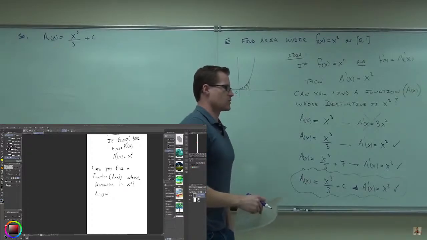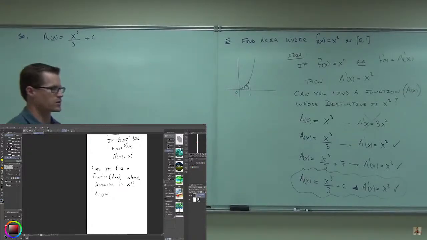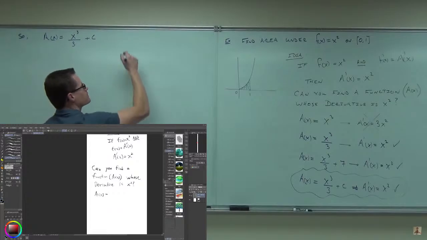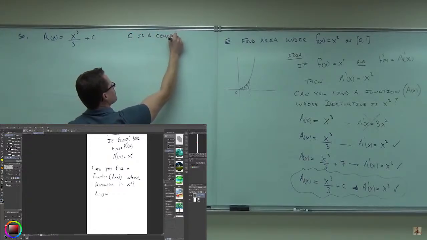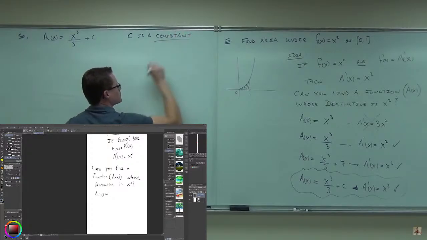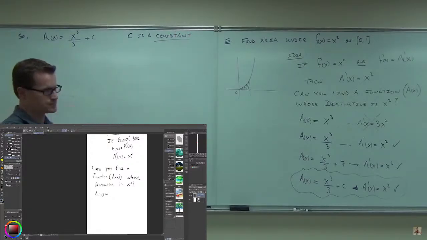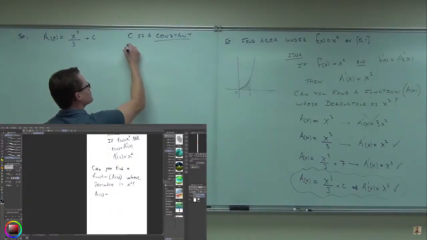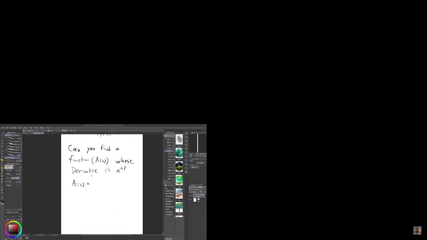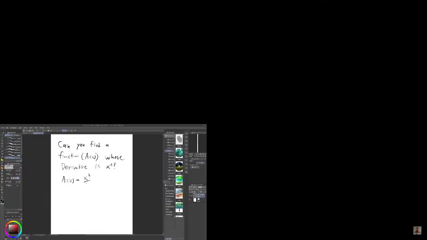So A of x equals 1/3 times x cubed, or x cubed over 3, plus C. C is a constant. C is also the y-intercept of A of x. If something is the y-intercept of a function, you should be able to find it by plugging in 0.